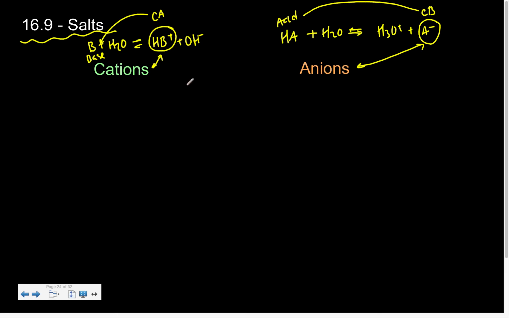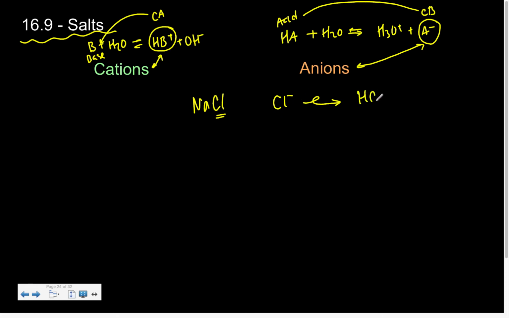So, for example, if I have a compound like NaCl, let's talk about analyzing my anion. The chloride ion comes from the conjugate base of an acid. Is the conjugate base of what acid?